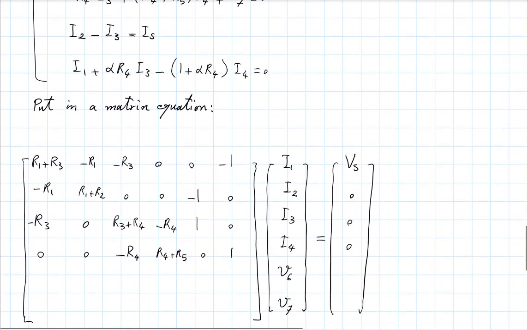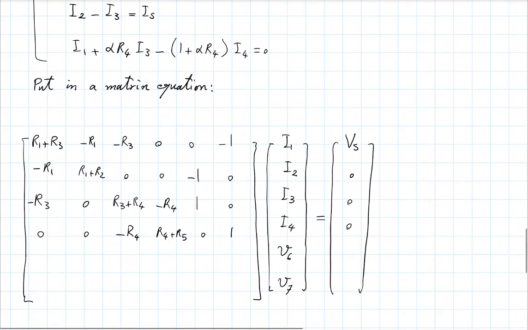Okay. For the fifth row, I simply have 0, 1, minus 1, then 0 for V6 and V7. And on the other side, sorry, I have IS.